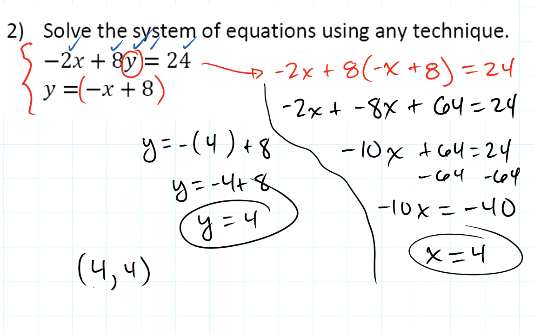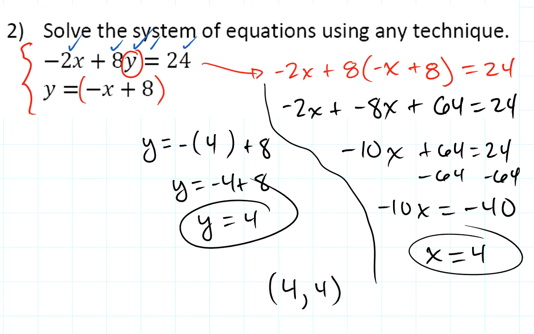Now, I know that it's possible for me to make a mistake, so it's probably a good idea to plug that in and verify that it's really a solution. Just to show you the technique, this is what I would typically do. I'm going to plug that into both equations and verify that it makes them true. So let me jot these equations down again.